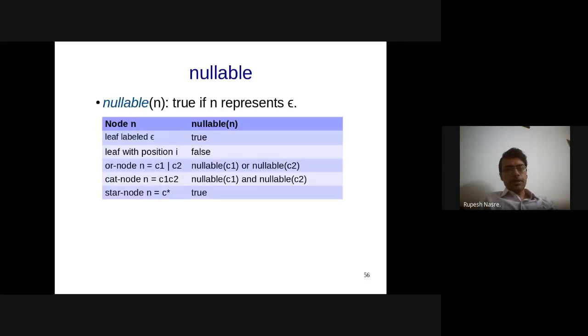Then if C1 and C2 are two subtrees for a particular node, then n becomes nullable if either of C1 or C2 is nullable. And for a concatenation node, we say that if both are nullable, then n becomes nullable.